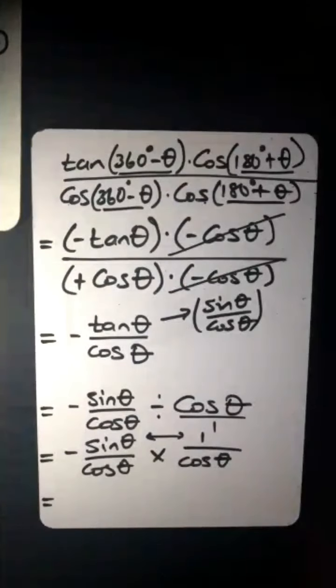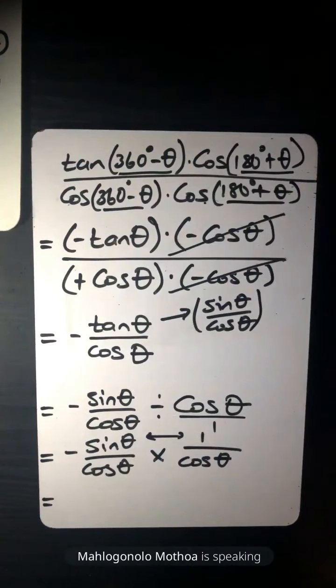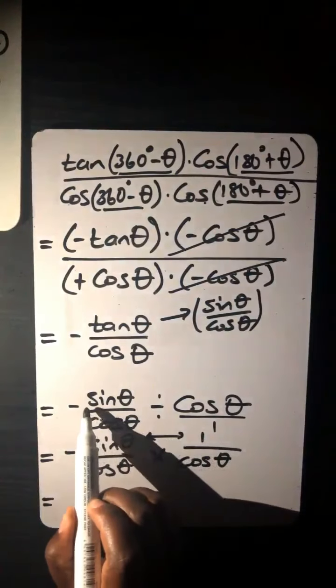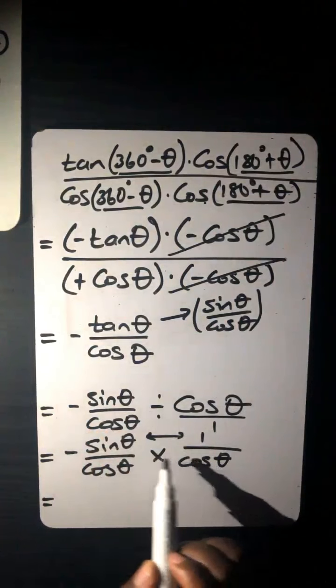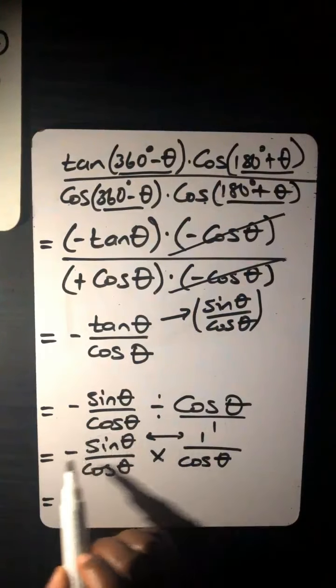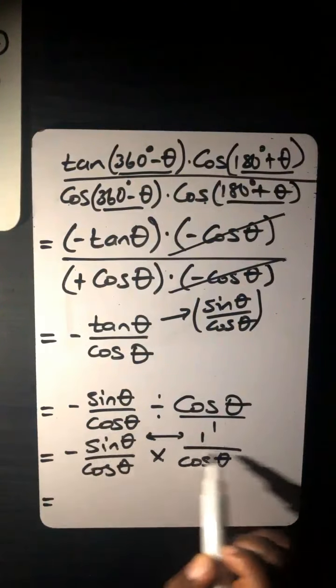Does someone want to ask a question, or does it make sense to everyone? Yes, sir. So can you see? That means we have sine over cos, which is tan. So now you say negative tan multiplied by 1 over cos.